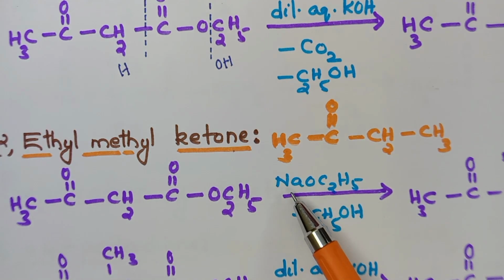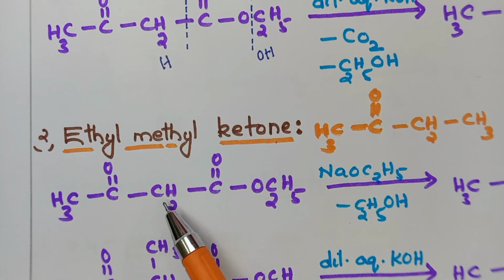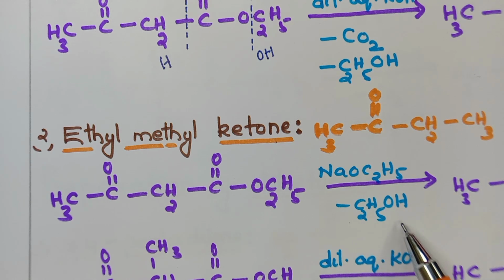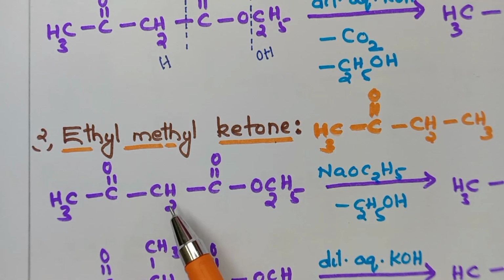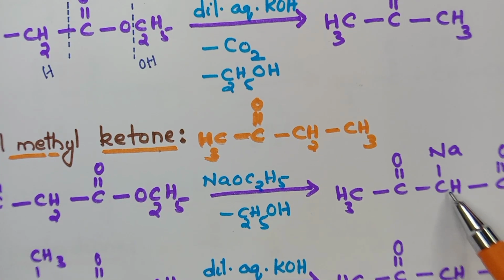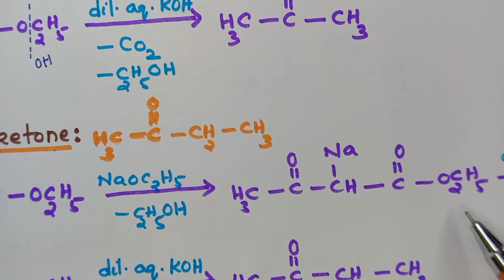First it is to be treated with sodium ethoxide. One of the hydrogens from the active methylene group and the OC2H5 ethoxide ion comes out as C2H5OH. This Na will be placed in the position of the hydrogen which is coming out. So next, CH3, C double bond O, CH, Na, C double bond O, O, C2H5.